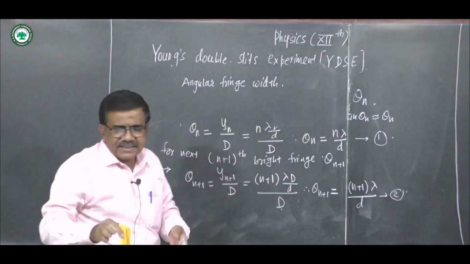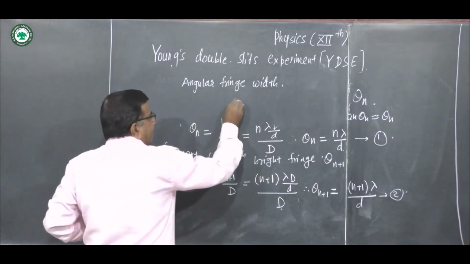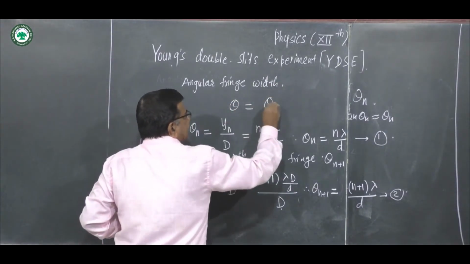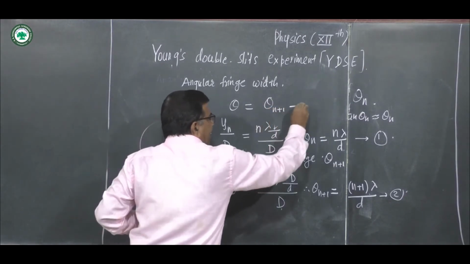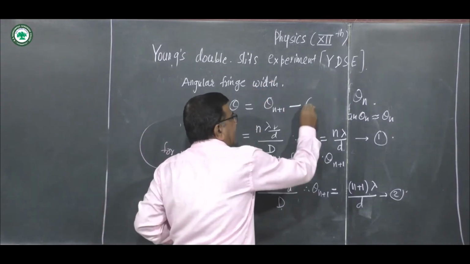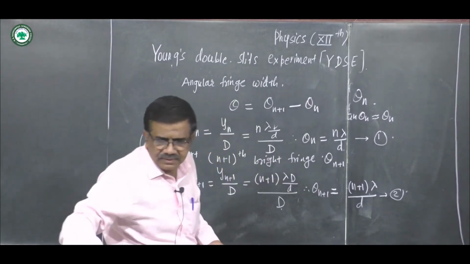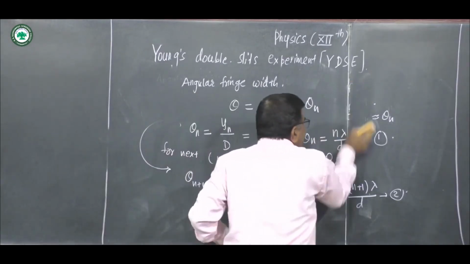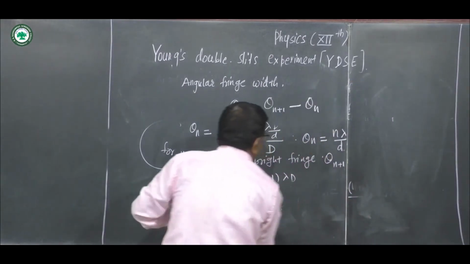We call it theta, and that is theta n plus 1 minus theta n. Simply take the subtraction of these two.